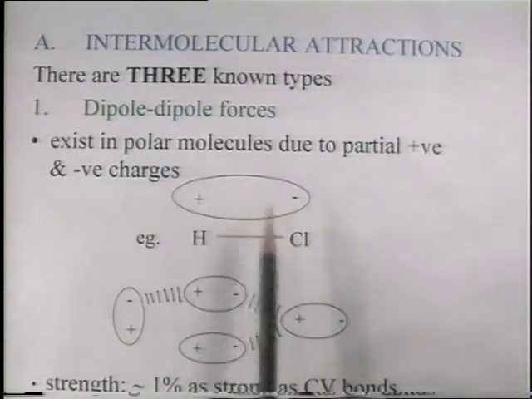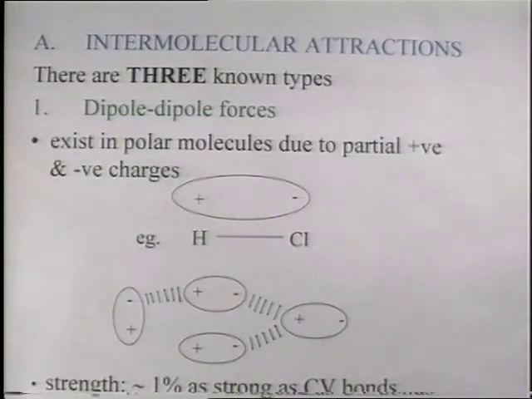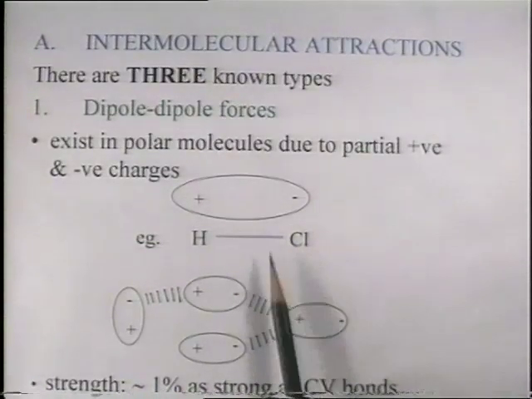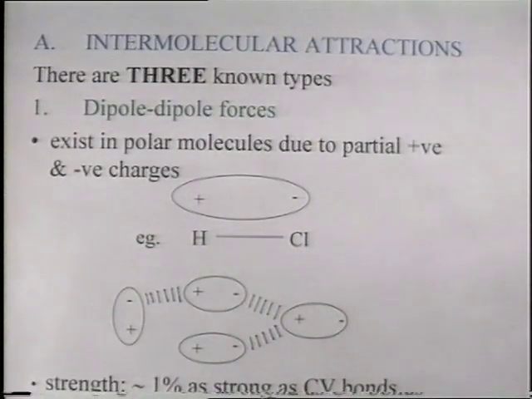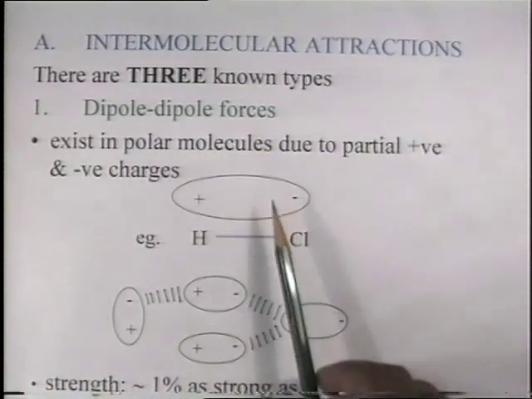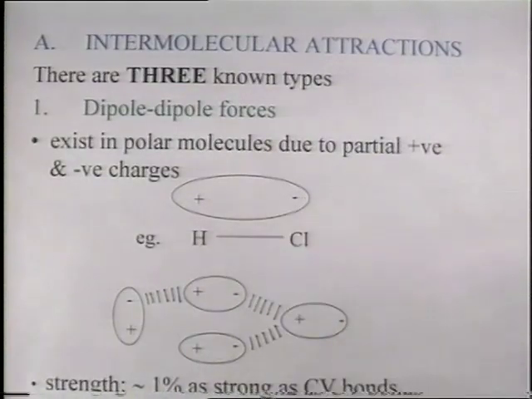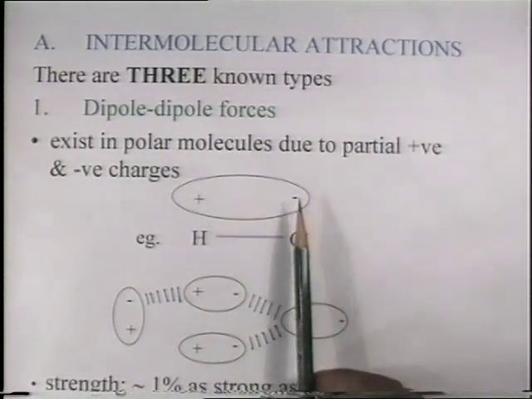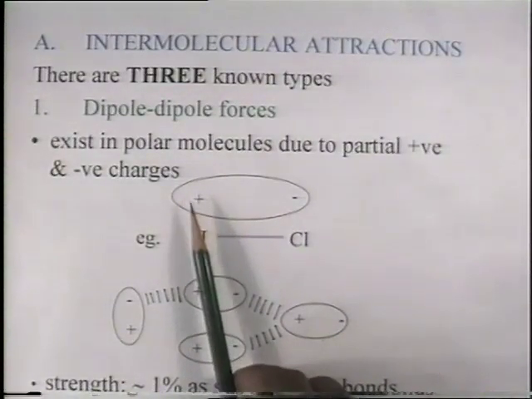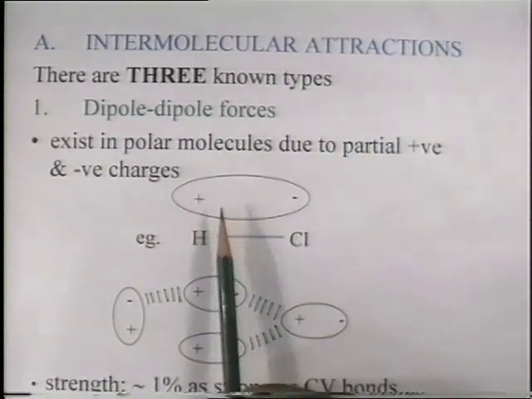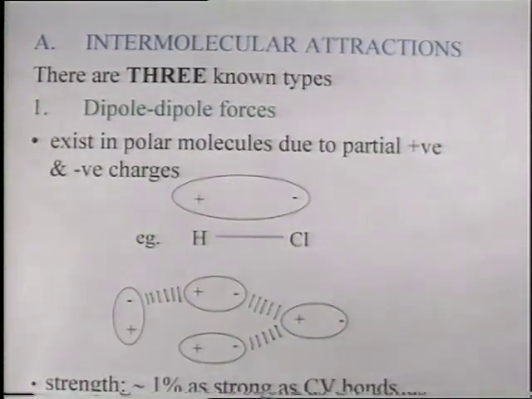These charges arise because of the different electronegativities of these two atoms. We know that chlorine is more electronegative than hydrogen, so the electrons will tend to come around this end here where chlorine is, and thus leaving this end more positive. So we have this kind of situation. This is really a dipole, and it will have a dipole moment.